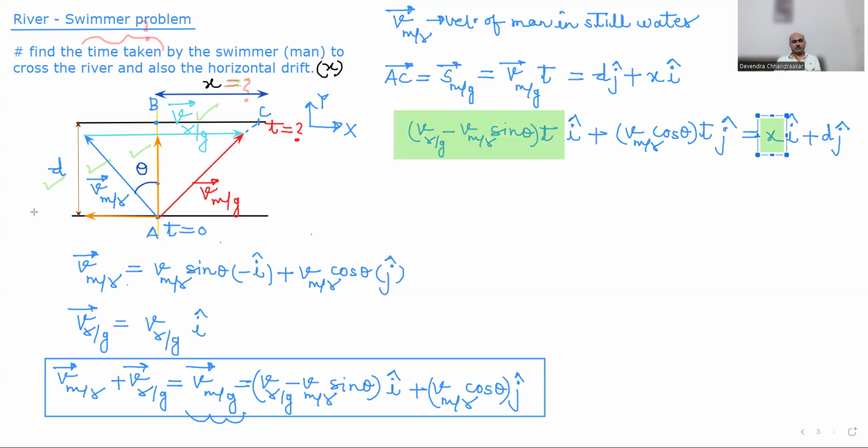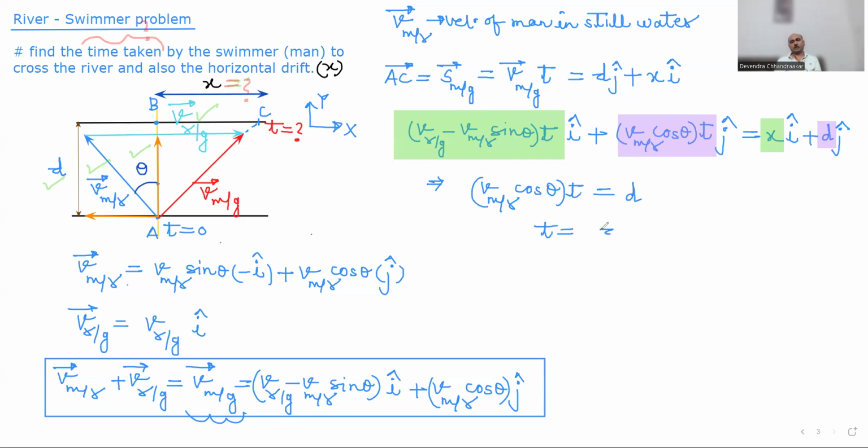So the green components are the same. Similarly, this one, VMR cos theta and D, they are the same. They can be equated. From here, we get VMR cos theta into T is equal to D.